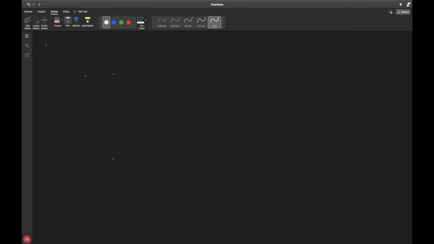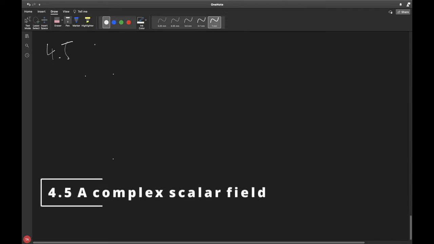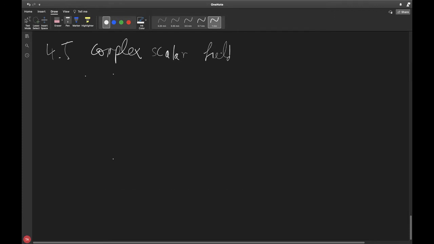Next example is the scalar field with complex numbers. So this is 4.5, the complex scalar field. So finally, we map into the complex numbers, not only to the real numbers.